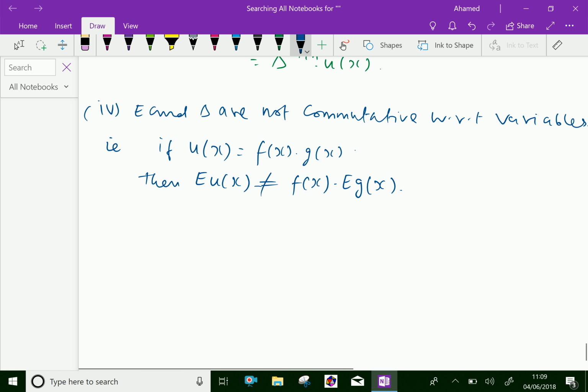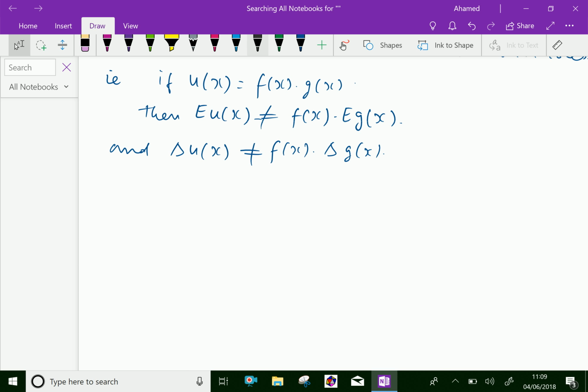Similarly with delta, Δu(x) is not equal to f(x) into Δg(x).